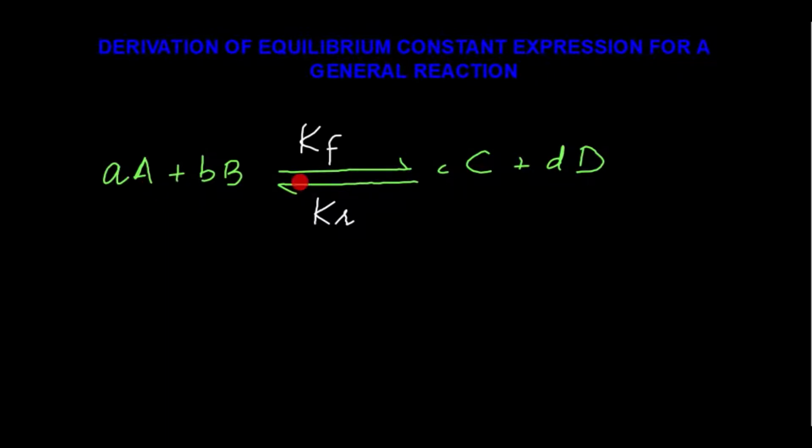Now students, we will calculate the rate of the forward reaction. In the forward reaction, A and B are the reactants, while small a and small b are the coefficients of the balanced chemical equation, meaning the number of moles of A and of B. Once again, we will write the general reaction to find the rate of the forward reaction.